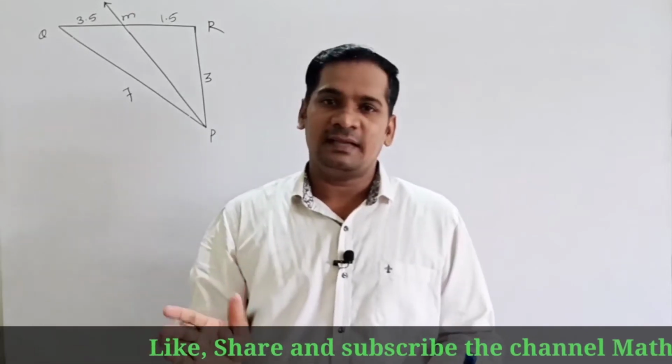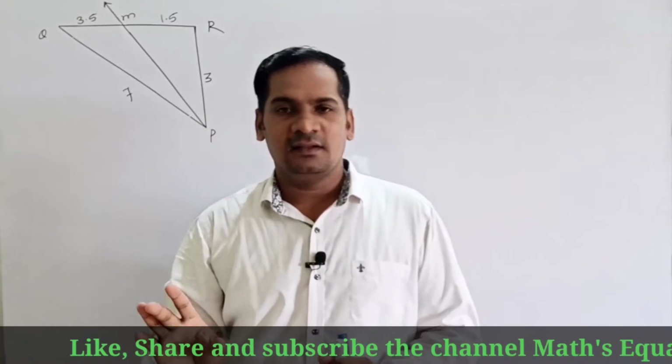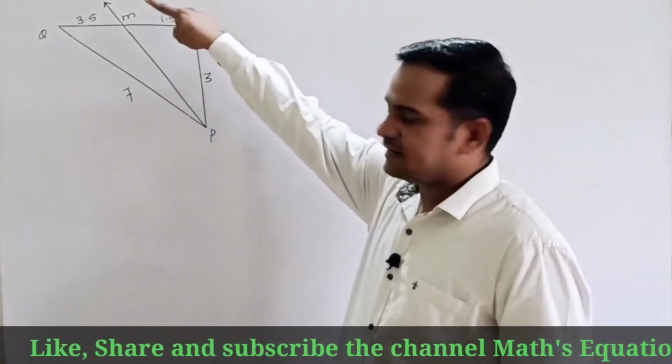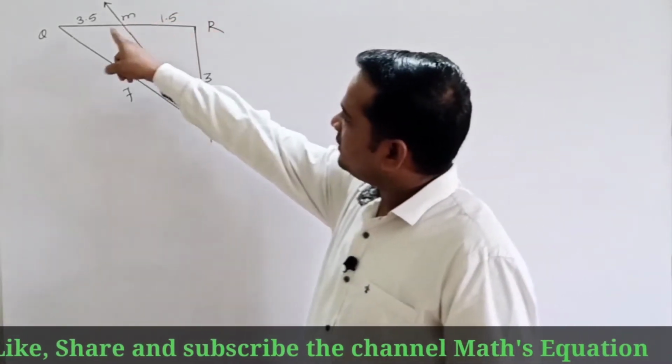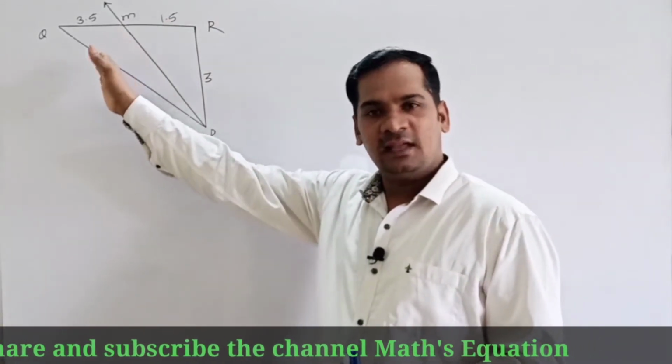Now what is the angle bisector theorem? The bisector of an angle of a triangle divides the opposite side in the ratio of the remaining two sides. Now what is the converse of the angle bisector theorem?